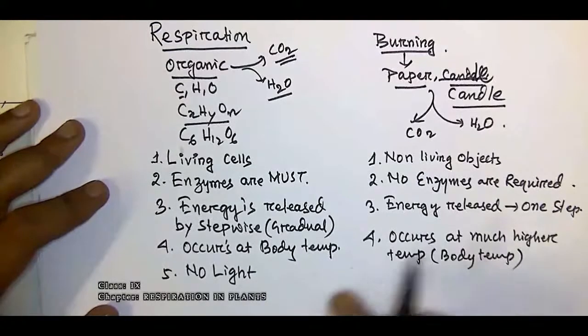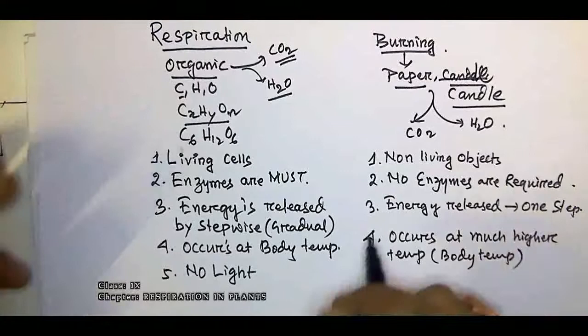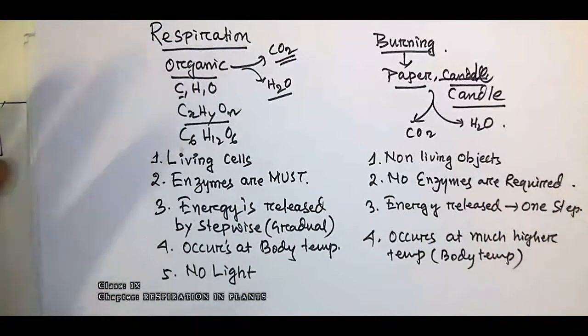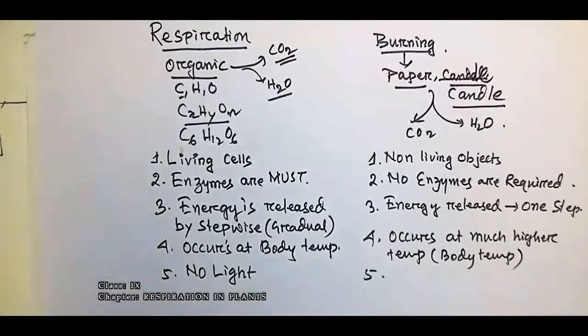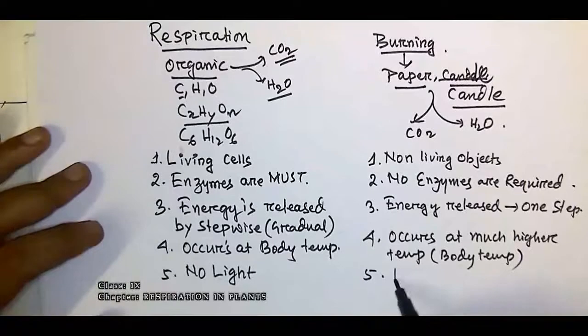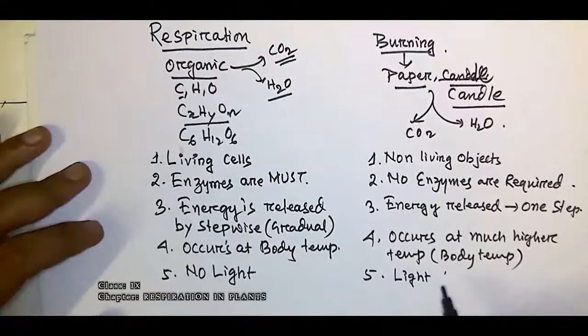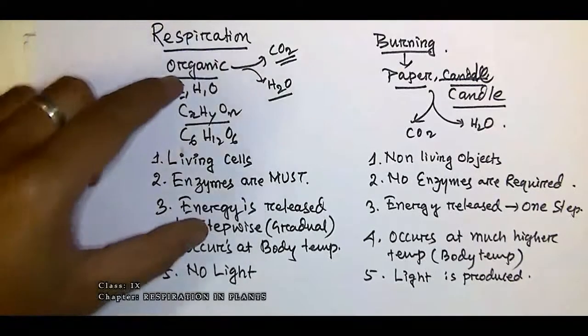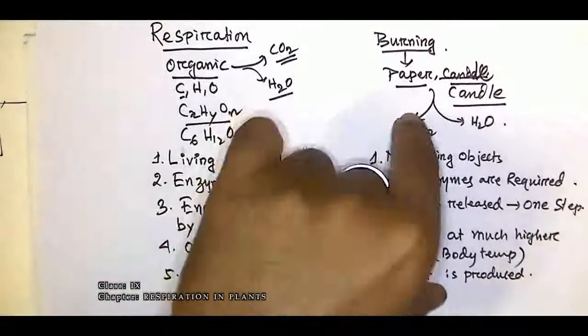But if you burn something, like a candle or paper, or if you're burning petrol or kerosene, which are also organic compounds, your fossil fuels, eventually light energy is produced. So you can see production of light, right? These are some basic differences which make this biochemical process completely different from this simple chemical process.